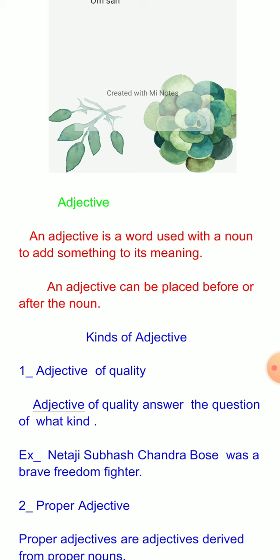Before we start, first let you know about the kinds of adjectives: adjective of quality, adjective of quantity, adjective of number. In adjective of number there are three kinds: definite numeral adjectives, indefinite numeral adjectives, distributive numeral adjectives.